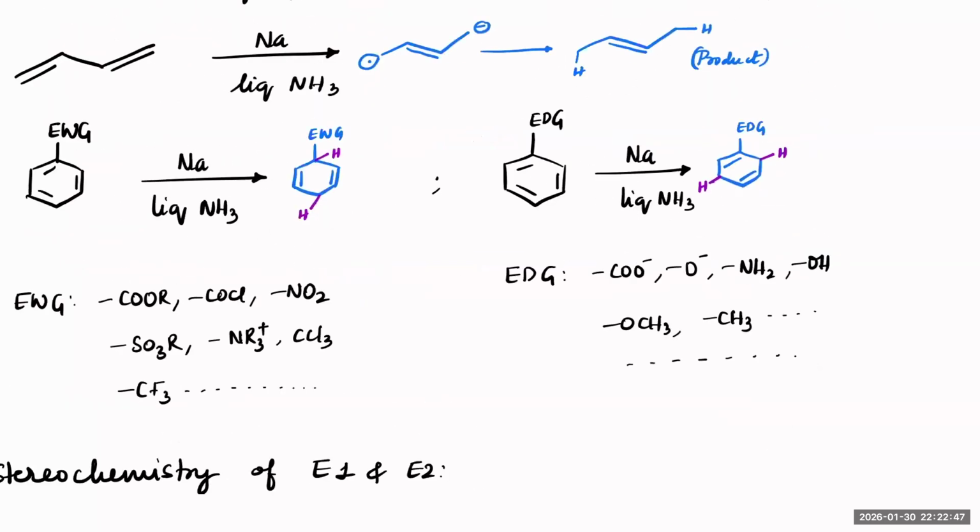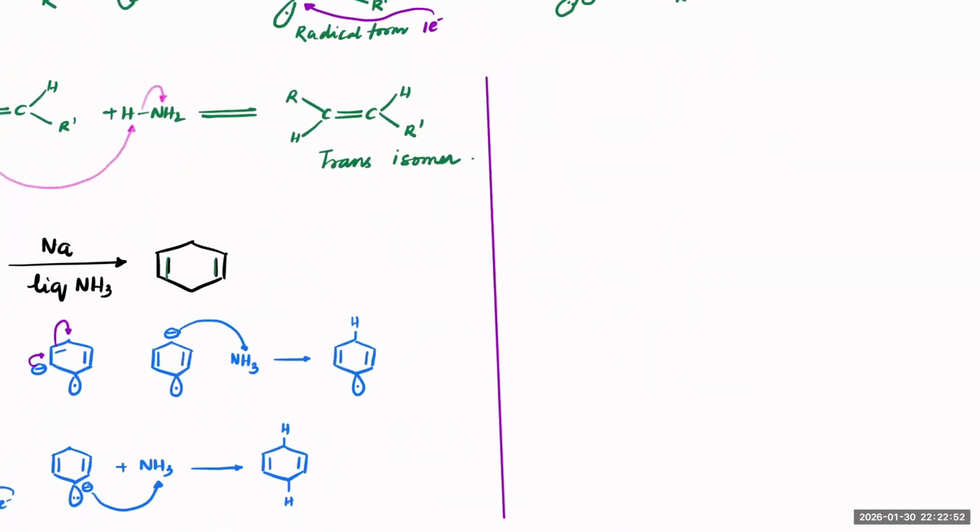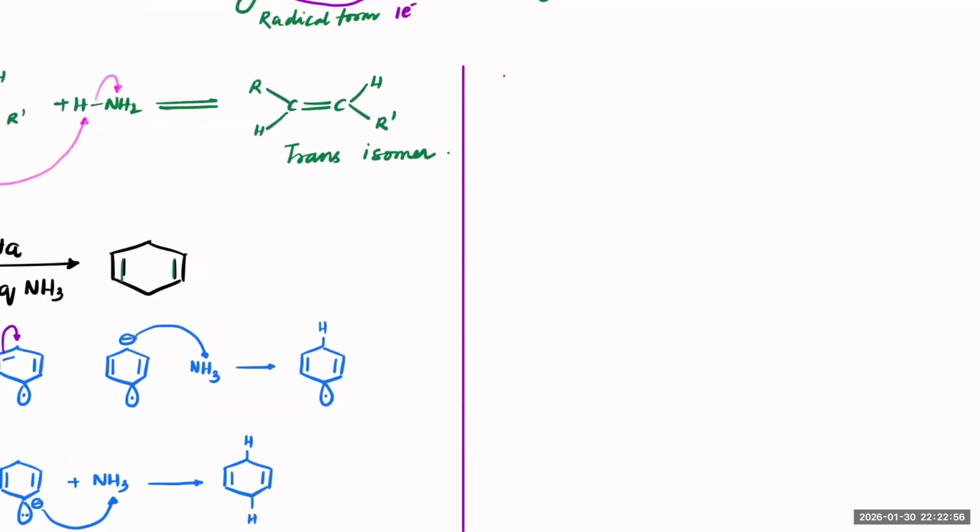Now, there is one thing you need to understand, that what happens if you have a terminal alkyne? Okay. So suppose you have R, C triple bond C and H here, and then you are trying to perform Birch reduction here, that is sodium in liquid ammonia. Now the problem is that as soon as the electron is released, that electron notices that there is a sufficiently polarized hydrogen.